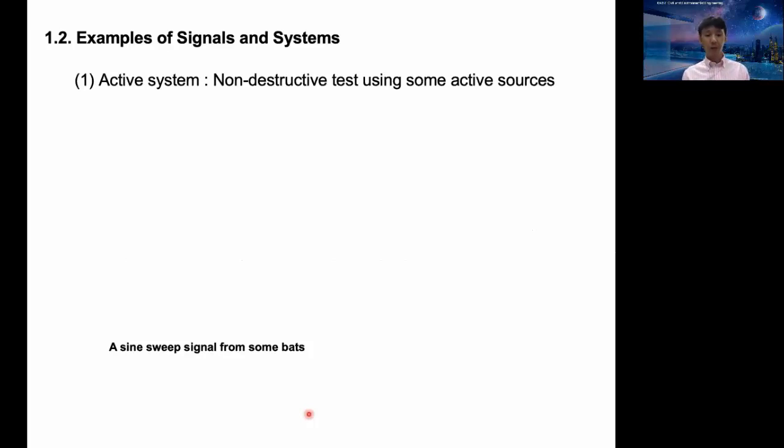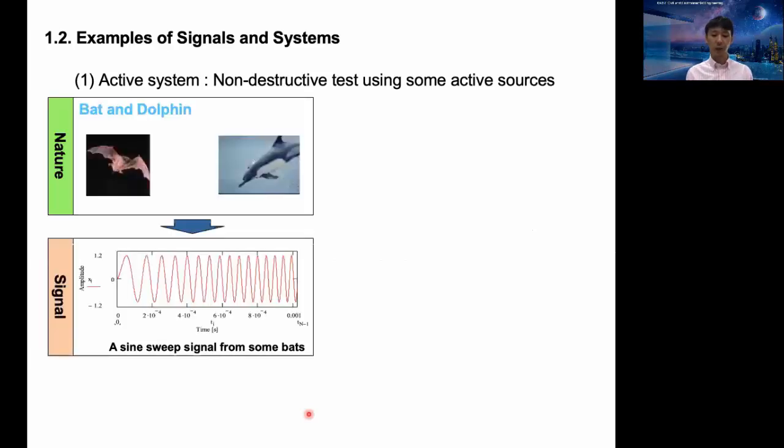It could also be a 4D signal if you include the time variation. And also we can classify systems into two categories: active system and passive system. An active system uses active sources, like bats and dolphins. They cry and howl, right? They speak their own language.